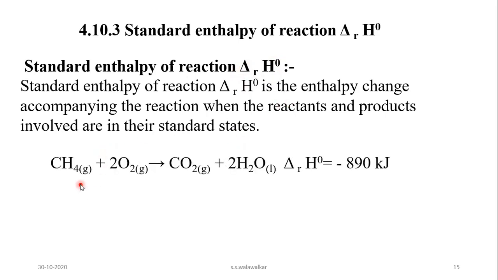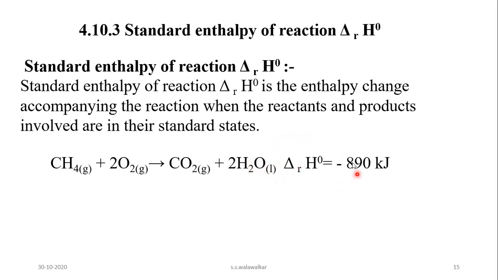For example, see here, methane. Methane is in a gaseous state at 1 bar pressure and 298 Kelvin. Oxygen is also in a gaseous state under this condition, and it gives you CO2, which is also in a standard state, and water is in a liquid state, that is the most stable form of water, so it is the standard state.